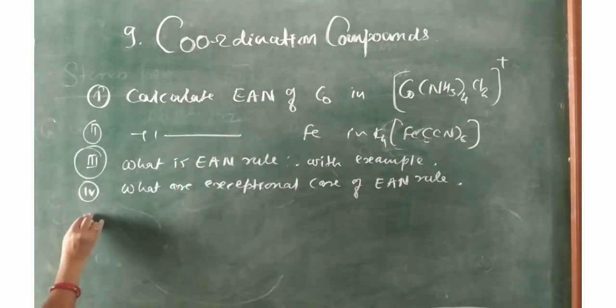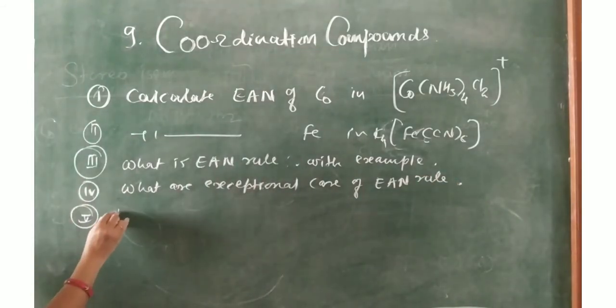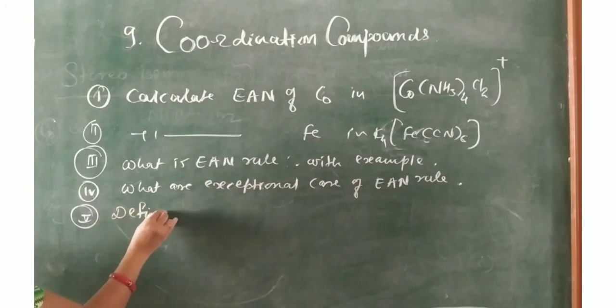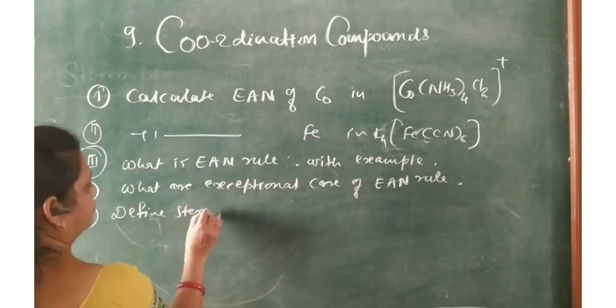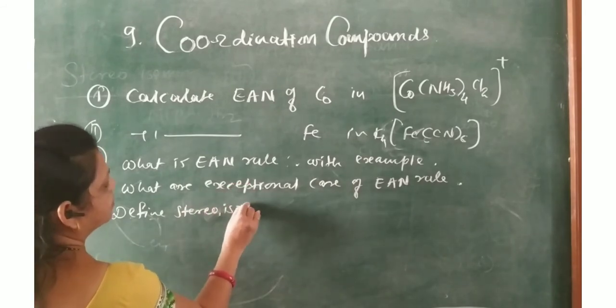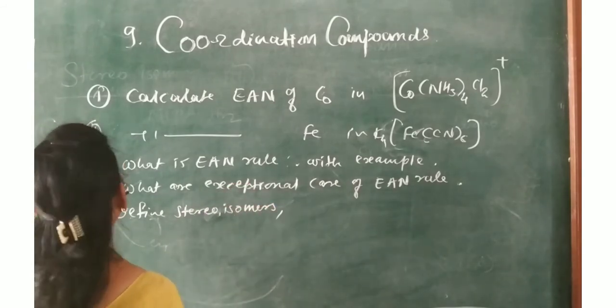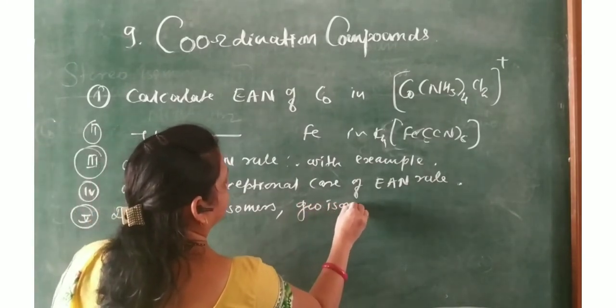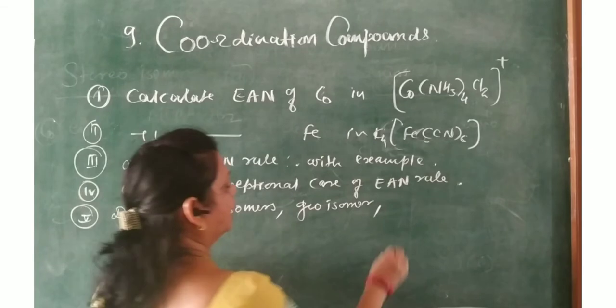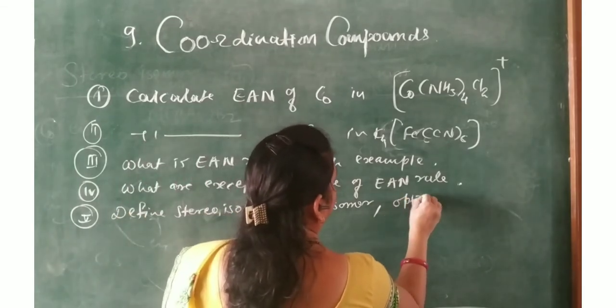Then fifth one, define stereoisomers, geometrical isomers, then optical isomers.